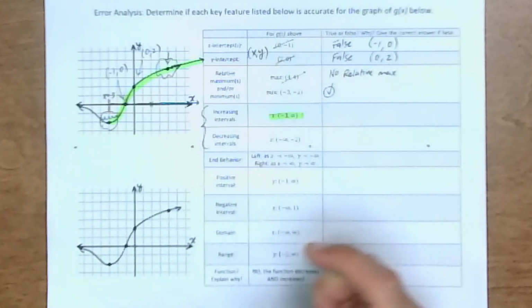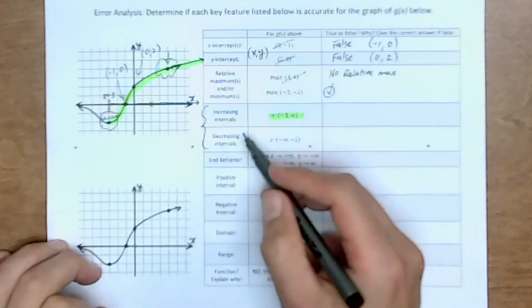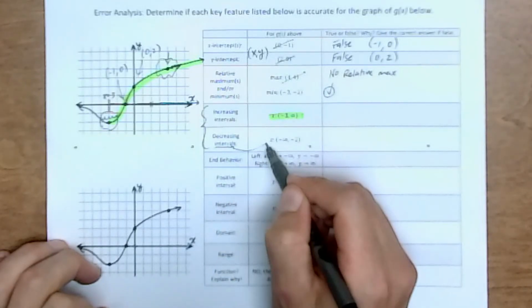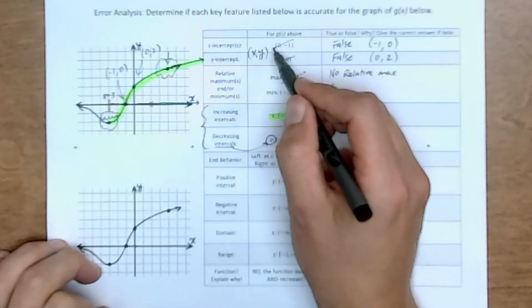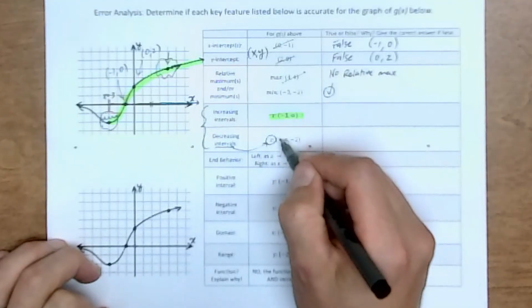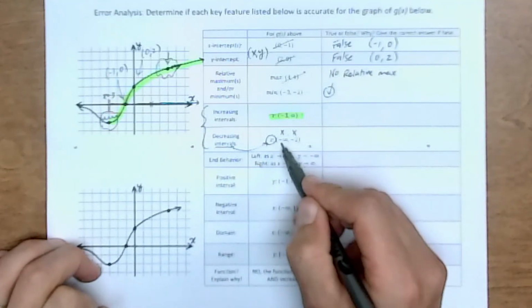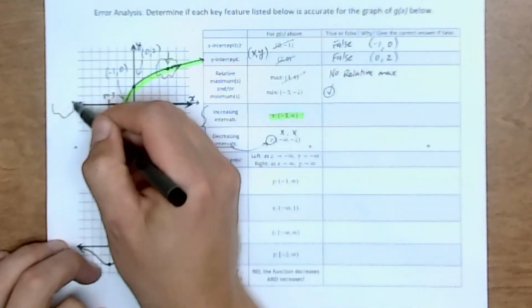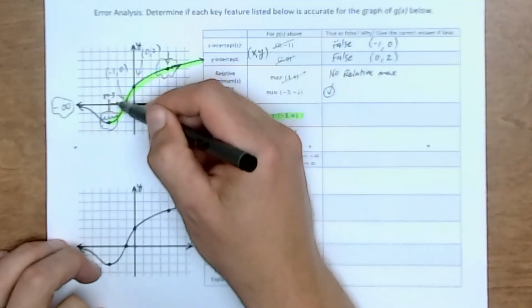The decreasing, the interval here says -infinity to -2. And again, I know it's an interval because it's using this x notation. If you don't put an x in front, just like up here, it's a point. But having an x in front means that this is an x value and that is another x value. So -infinity means all the way over here, and then to -2 actually cuts off here.